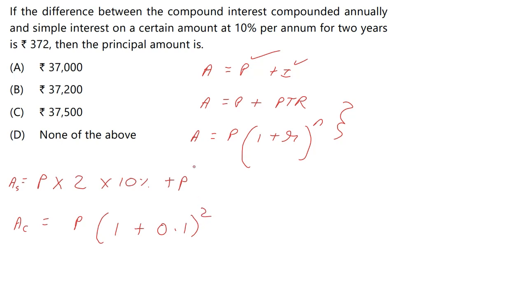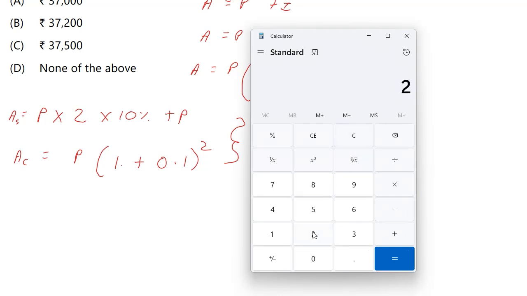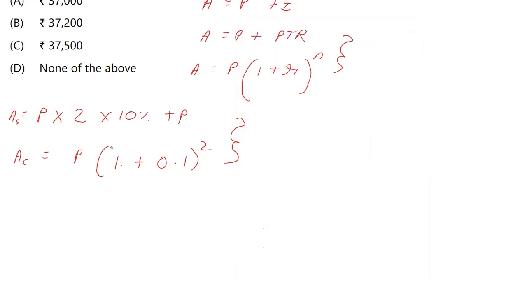So what do we know? We know that the difference between these two is 372. 1.1 to the power 2 is 1.1 into 1.1, which gives me 1.21.